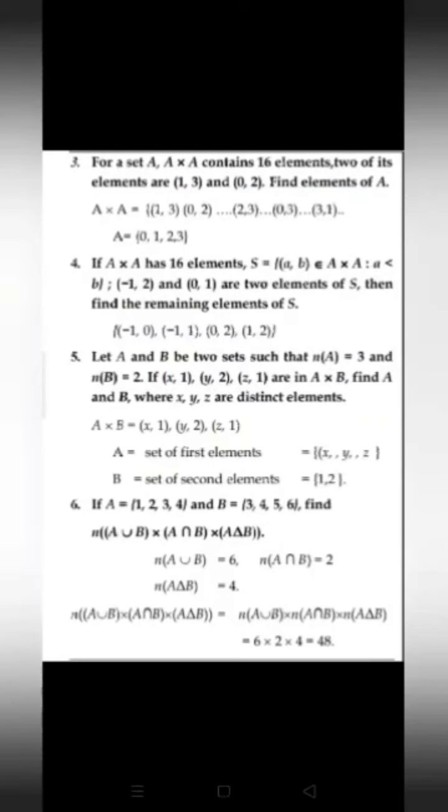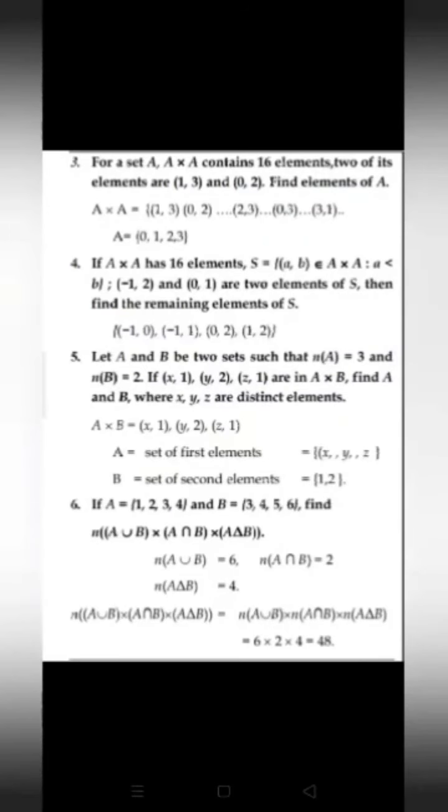First of all you find A union B, A intersection B and A symmetric difference B. Afterwards you find the cardinality of these sets. So here n of A union B equals 6, n of A intersection B is equal to 2, n of A symmetric difference B is equal to 4.